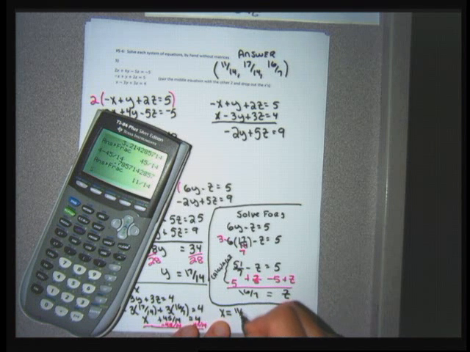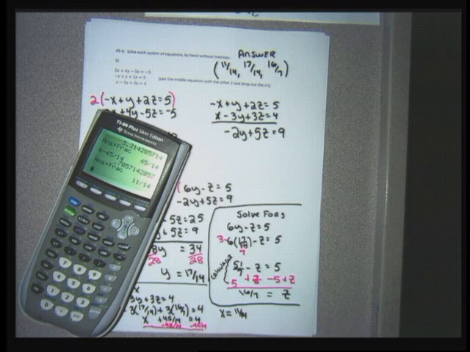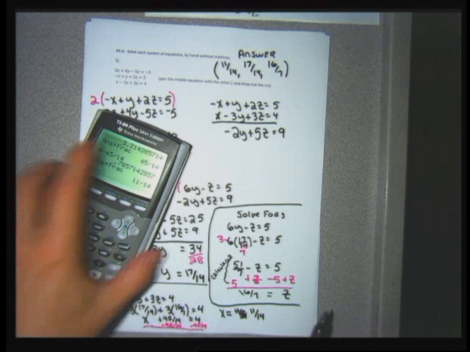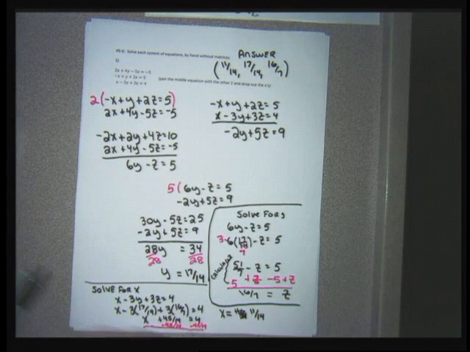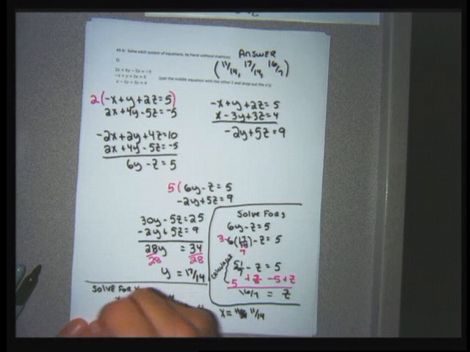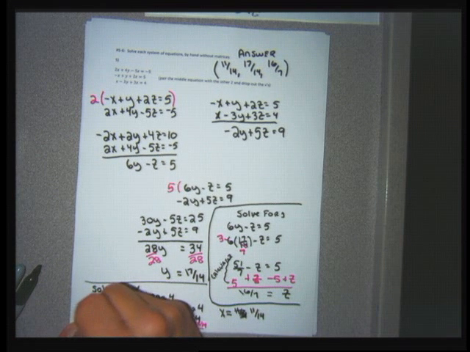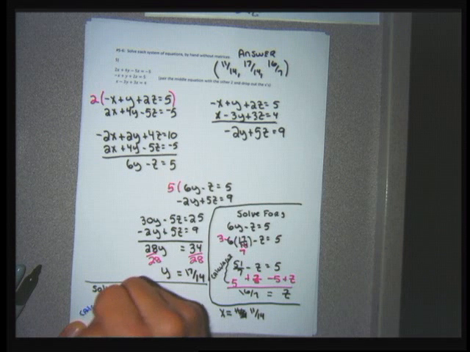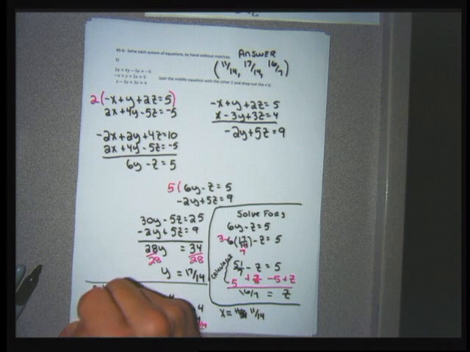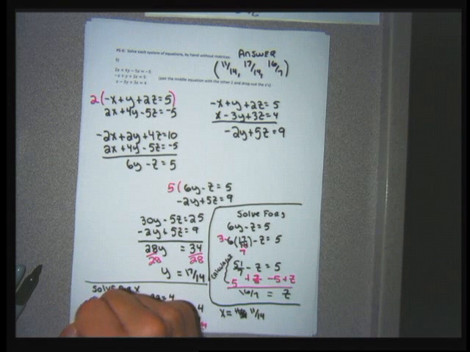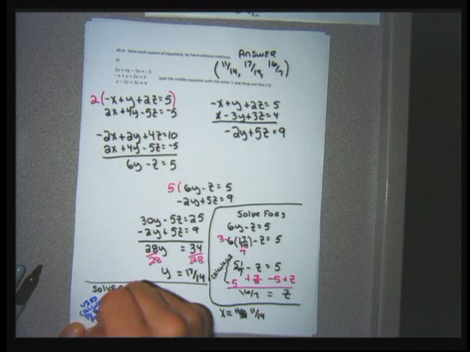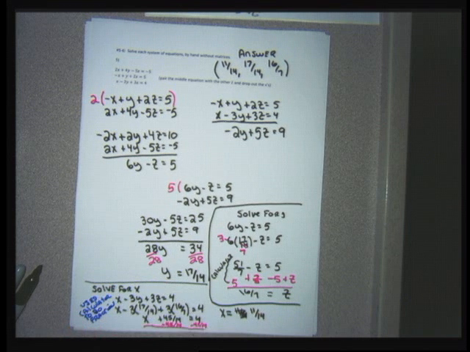So I try to minimize my algebra by using my calculator to chew through those fractions. I used the calculator to work the fractions, and that just made my work quite a bit easier to do.